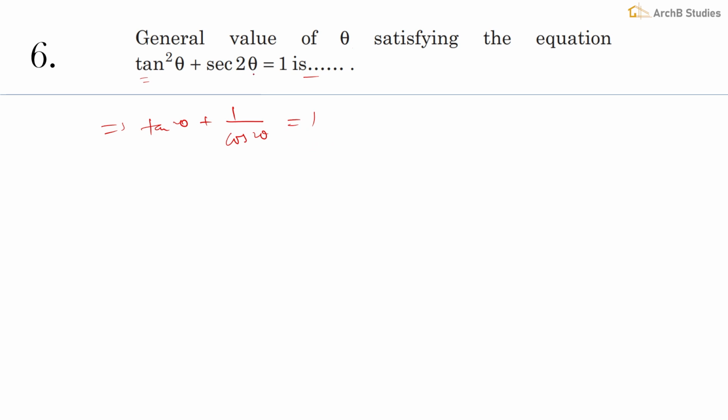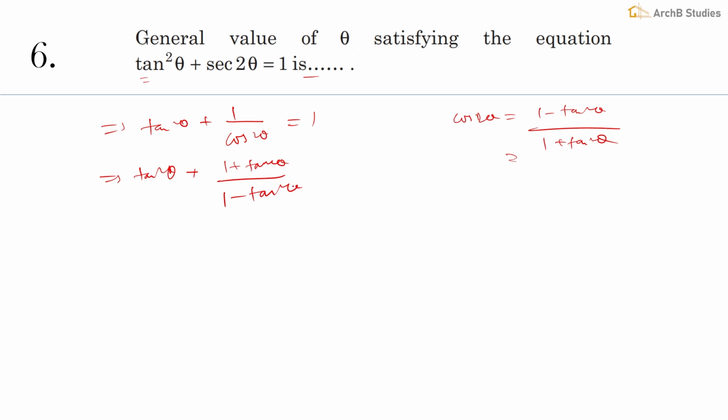Okay, now cos of 2 theta in the form of tan will be 1 minus tan square theta upon 1 plus tan square theta. This gives us tan square theta plus 1 plus tan square theta upon 1 minus tan square theta equal to 1.